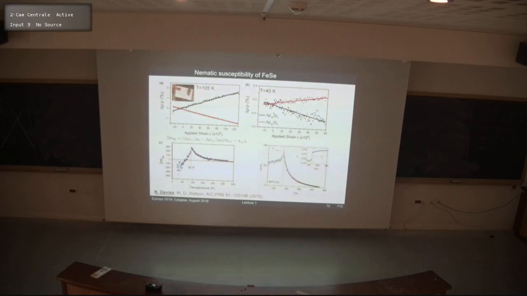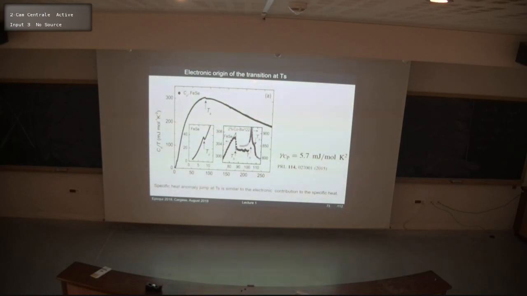You measure its susceptibility in a tiny magnetic field. Here you measure the susceptibility of the system to a small amount of strain, and this nematic susceptibility has a Curie-Weiss law, which is used as another signature that this nematic state exists.